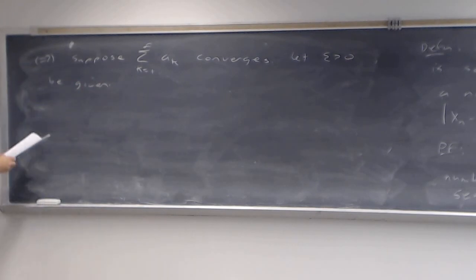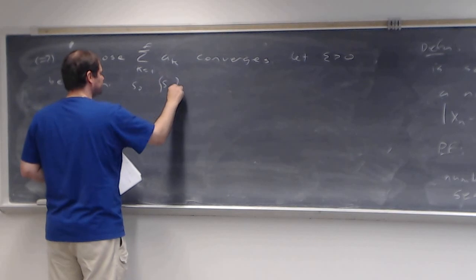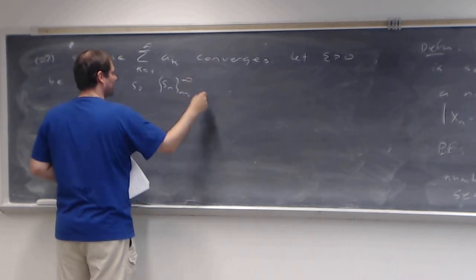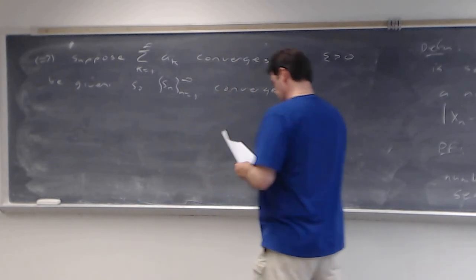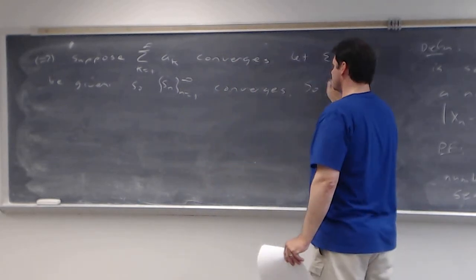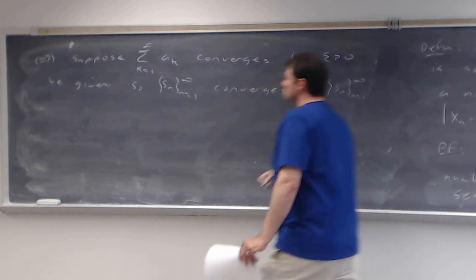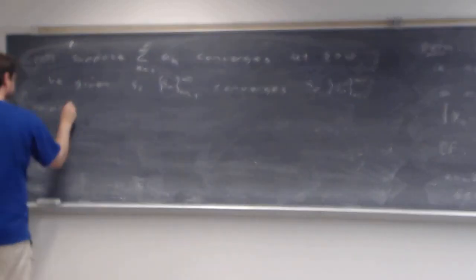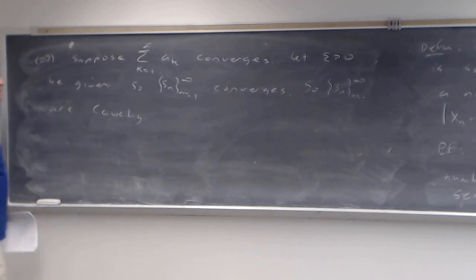So S of n, the sequence of partial sums, converges. That means that the S of n's are Cauchy, because every convergent complex sequence is Cauchy.